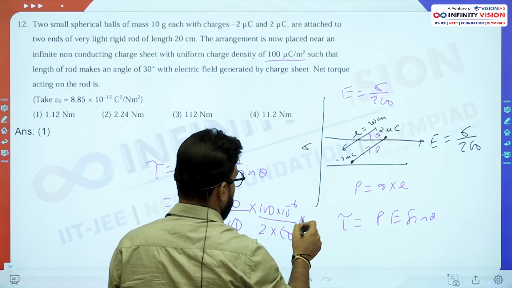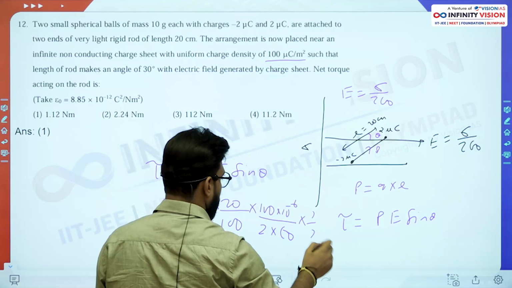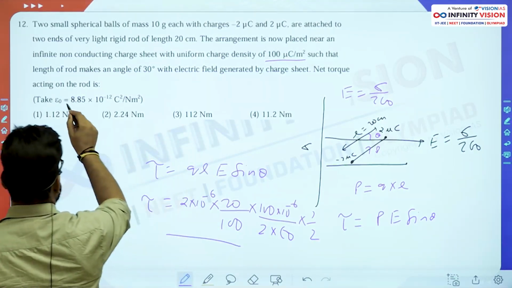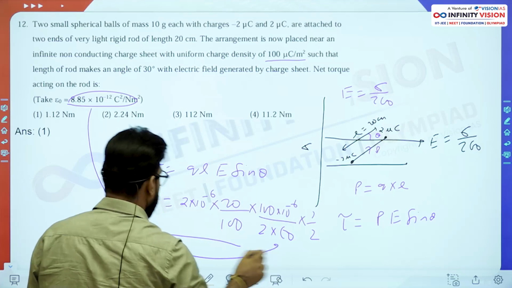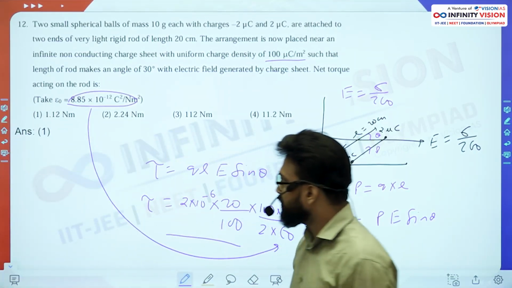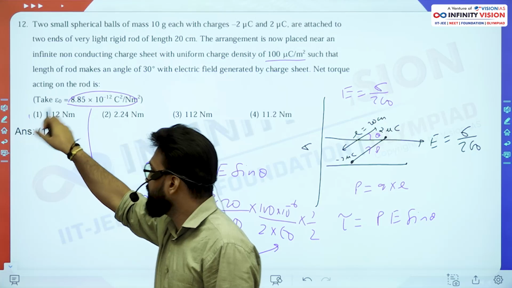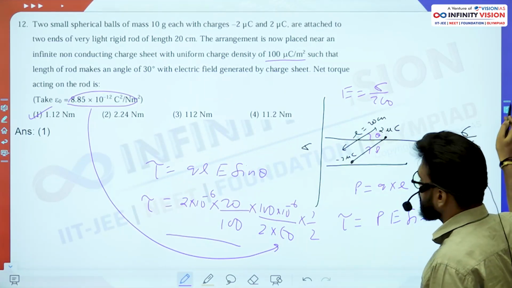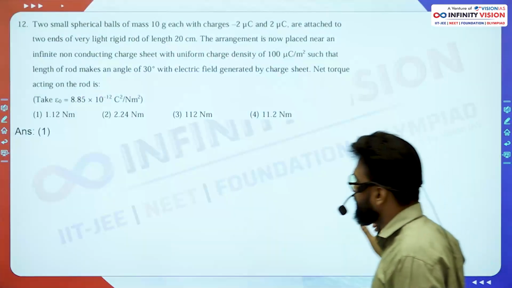Okay, into sine 30, which is half. So from this we can easily put the value of epsilon naught and find out the value of torque in Newton meter. So it comes out to be 1.12 Newton meter after solving this equation. Okay, so this is how you're gonna solve it. We'll be moving to the next question.